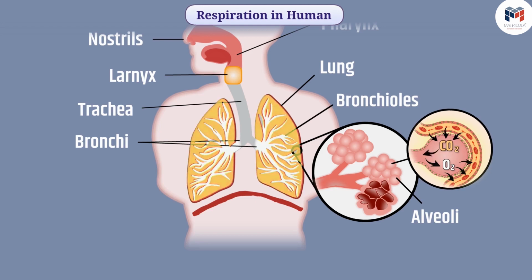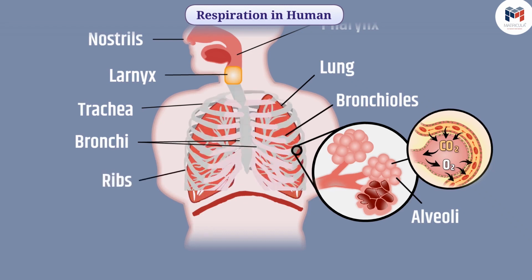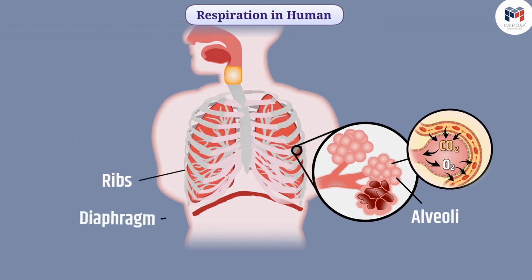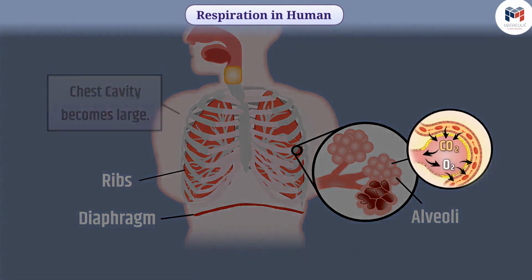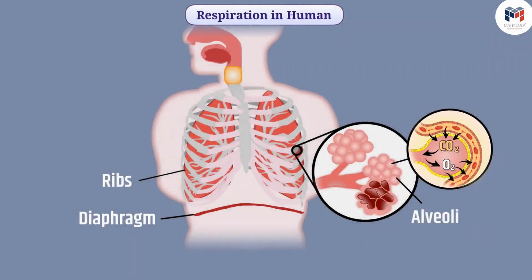We know that lungs are present inside the ribs. While inhaling, the diaphragm becomes flattened, due to which ribs lift up and the chest cavity becomes large. As a result, air flows into the lungs and alveoli fills with air. Oxygen present in the air of alveoli comes in the blood of the alveolar blood vessel.